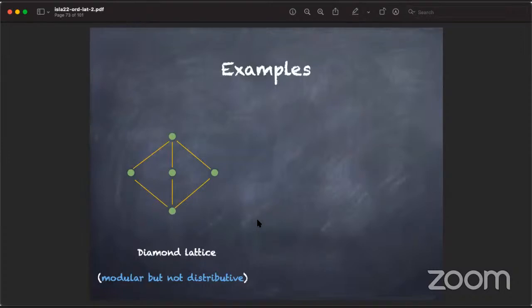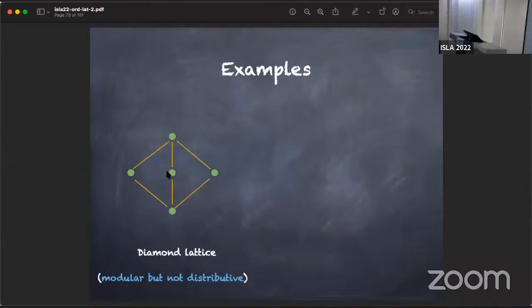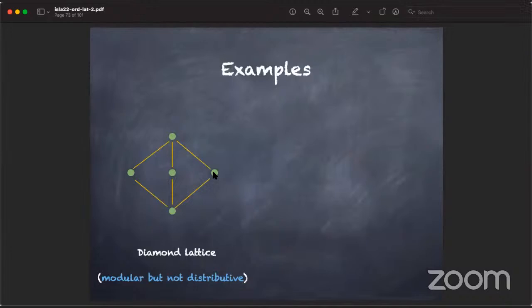Meaning sometimes you should check it out now, because it's very easy to see. So let's say this is P, this is Q, this is R. Can you see my cursor?